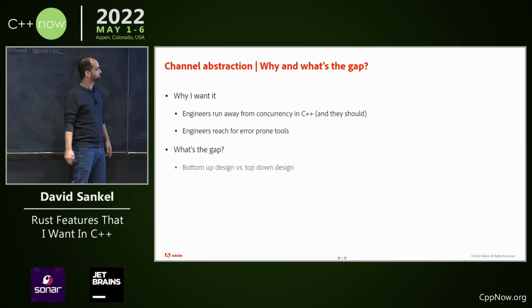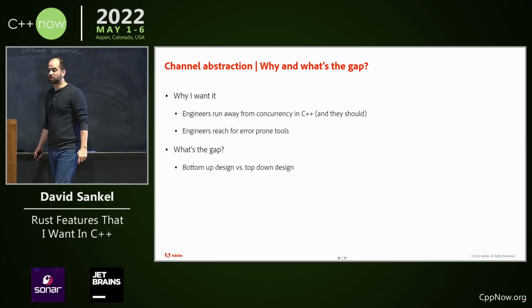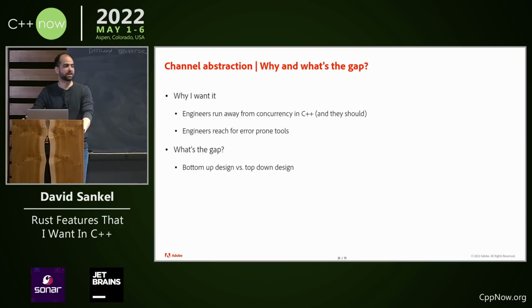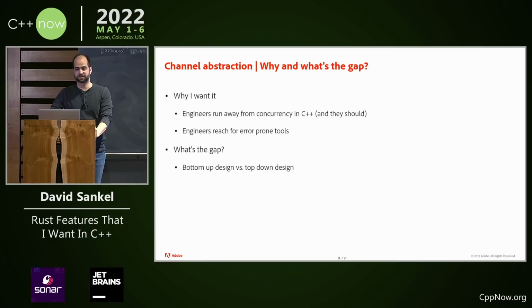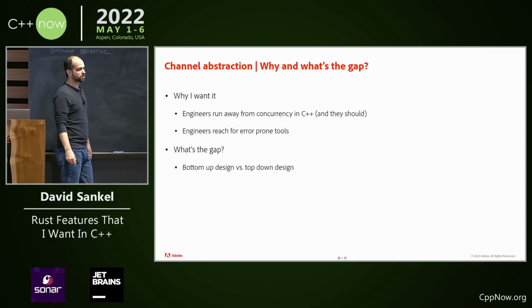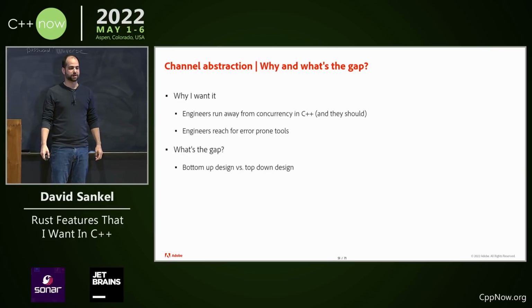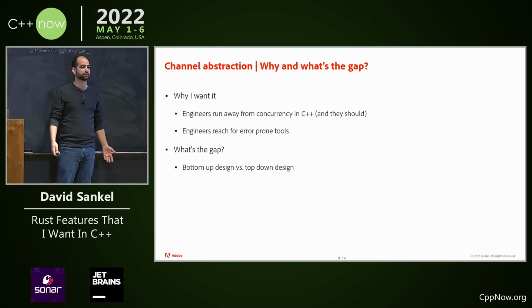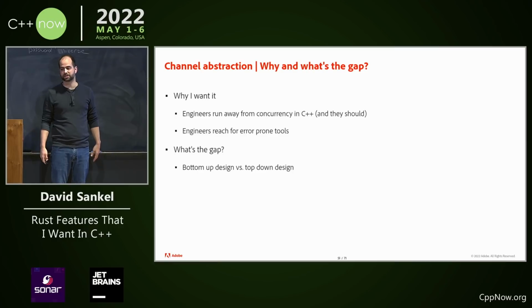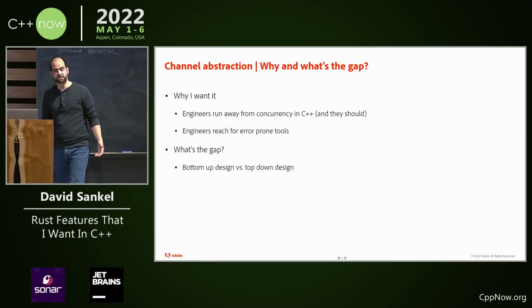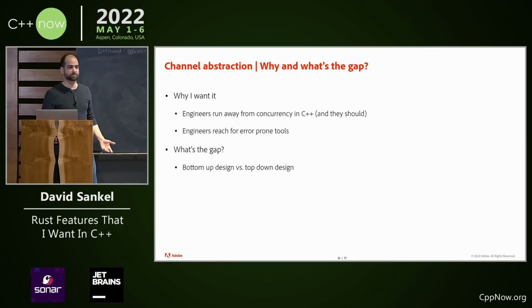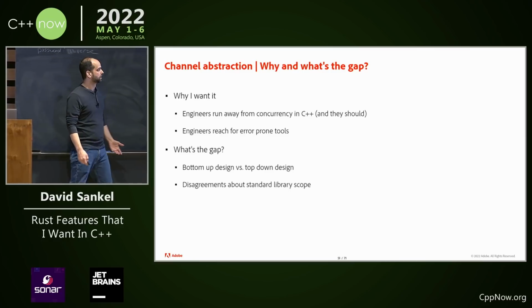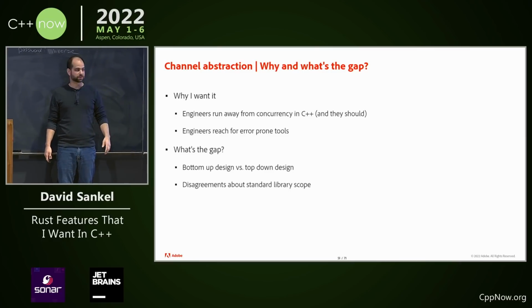What's the gap? Well, we do a lot of bottom-up design in C++ as opposed to top-down design. And when you do a bottom-up design, you typically don't get things that are very user-friendly or ergonomic. We do this a lot in C++. So we need to change the way that we think about things and maybe do some things that are top-down. There's also big disagreements about standard library scope.